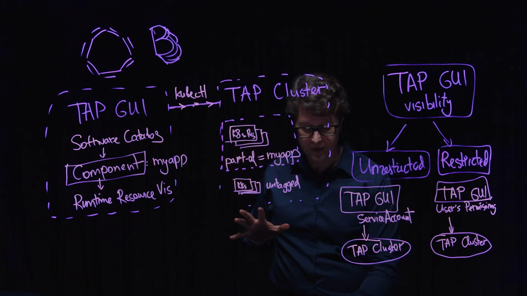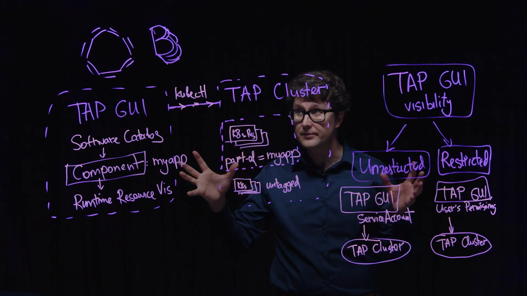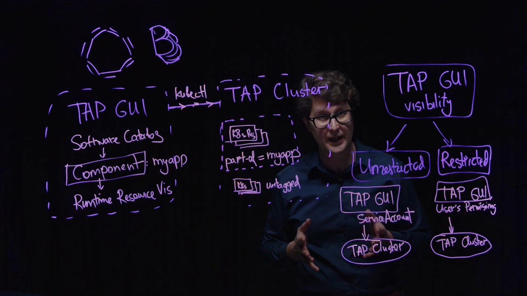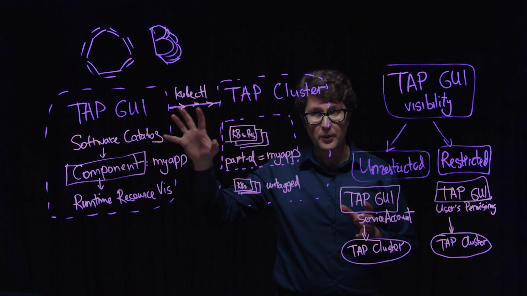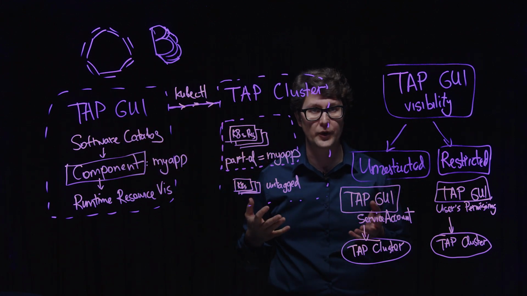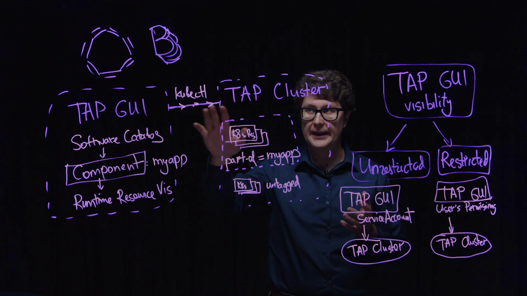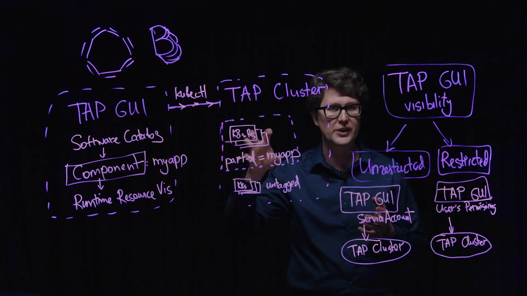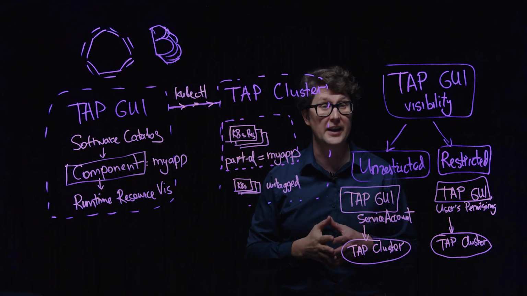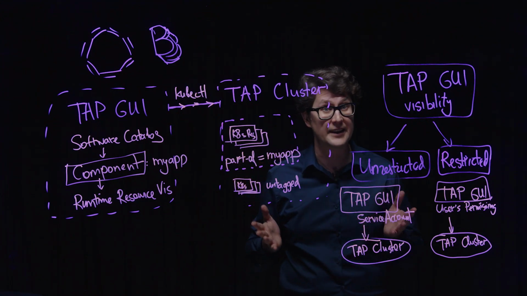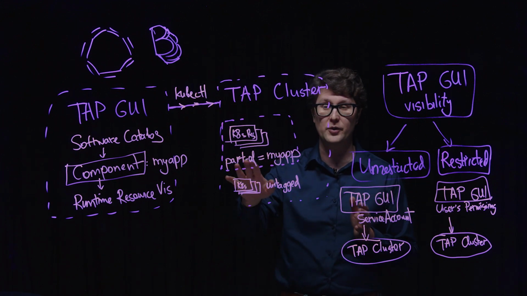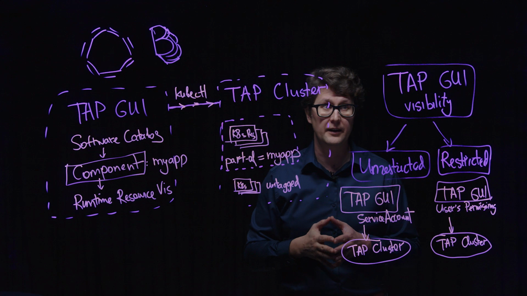That concludes our discussion of the Runtime Resource Visibility in the Tanzu Application Platform GUI. Today we showed you how visibility is organized through certain components, and that the key to fetching those resources from different clusters is matching labels, and that these labels just need to match, but as the best practice we recommend using the part-of label.